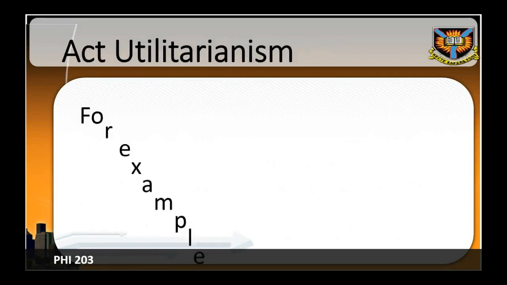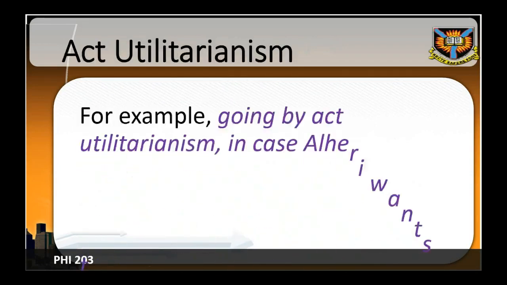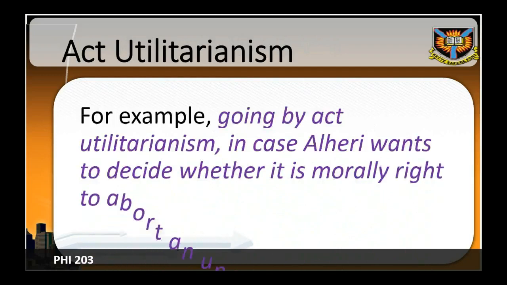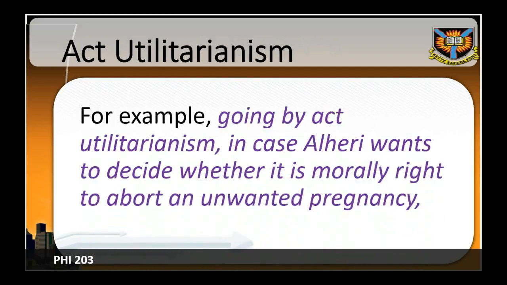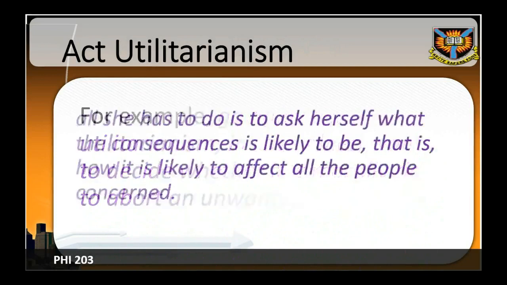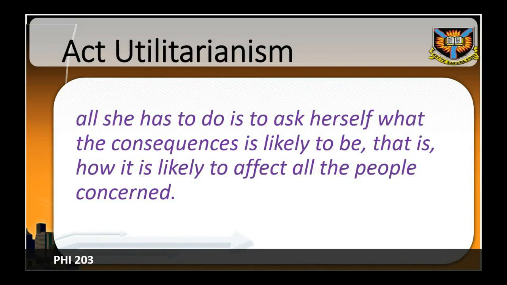For example, going by act utilitarianism, in case Alehiri wants to decide whether it is morally right to abort an unwanted pregnancy, all she has to do is to ask herself what the consequences are likely to be, that is, how it is likely to affect all the people concerned.